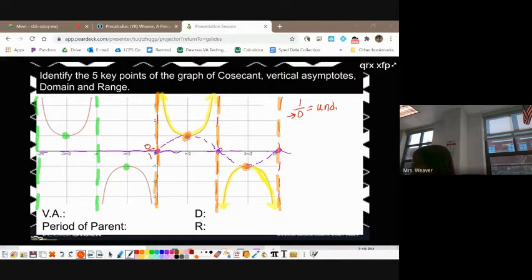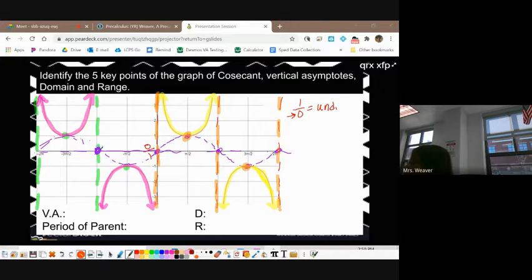If you wanted to see another cycle, you could highlight it in different colors. So there we have a second cycle. And if you needed help seeing that, then you could have just continued your sine function with the dashed curve and just flipped it out.